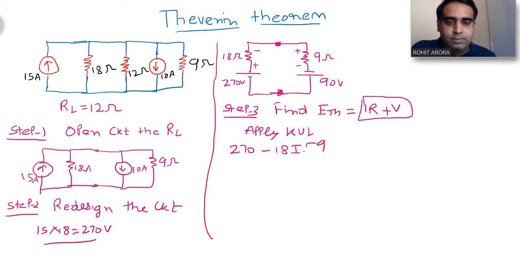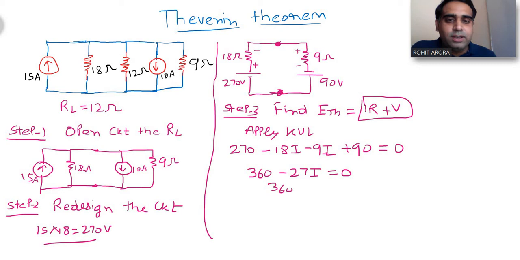This is I. Then after that 9I. Then after that minus, plus 90 equal to 0. Now 270 plus 90 is 360, minus 18I and 9I, that comes to 27I equal to 0.